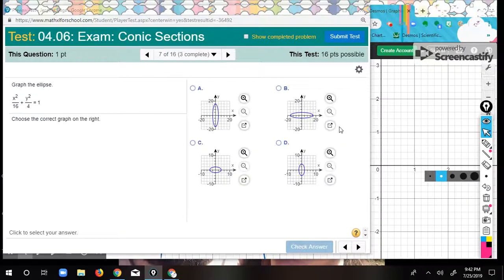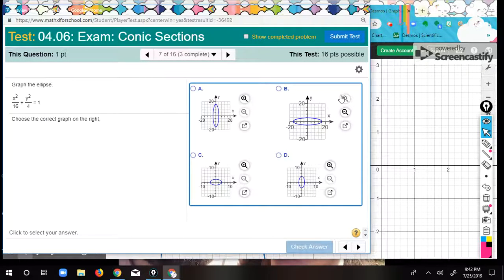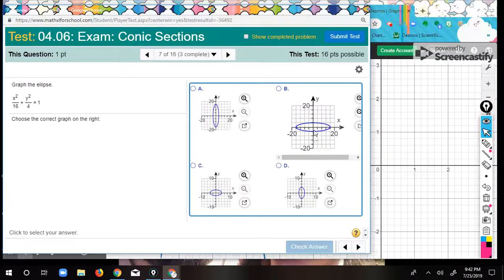And I kept getting confused. So I feel like it's supposed to be C, but they were saying something about intercepts, and this is the one. Oh no, that wouldn't have the right intercept, right? That one's almost too long. 4, 8, what is that going by? Okay, that's too long, so it's got to be C.